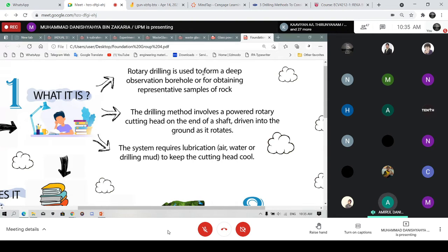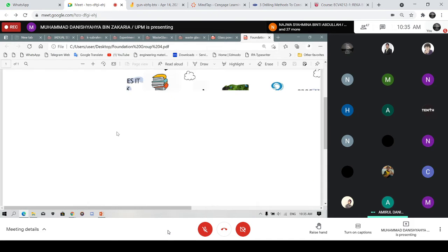In short, it is used to make a borehole and get a sample of rocks. The method involves a power rotary cutting head on the end of a shaft driven into the ground as it rotates. The system requires lubrication like air, water, or drilling mud to keep the cutting head cool. I will pass to my members.